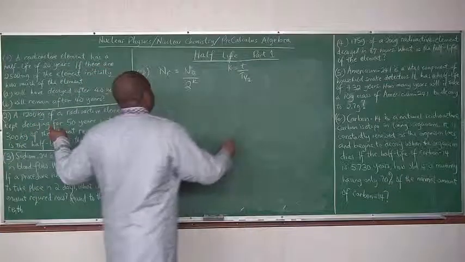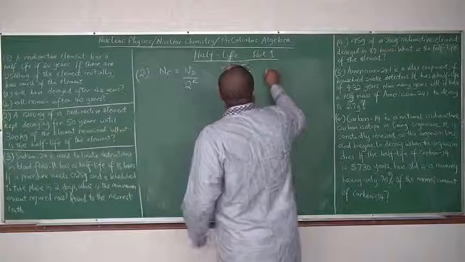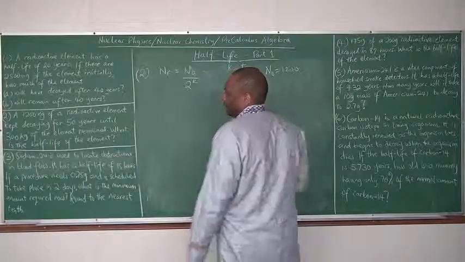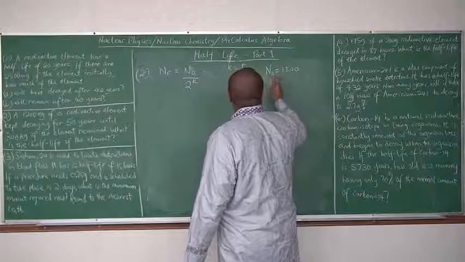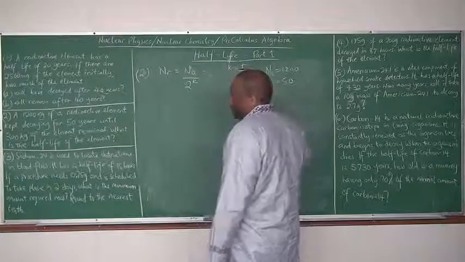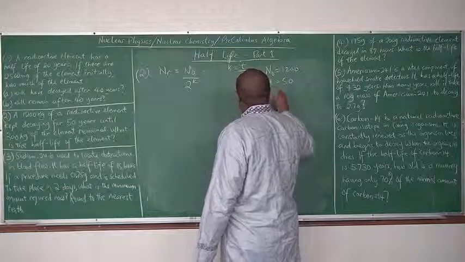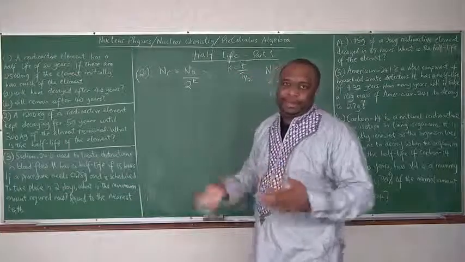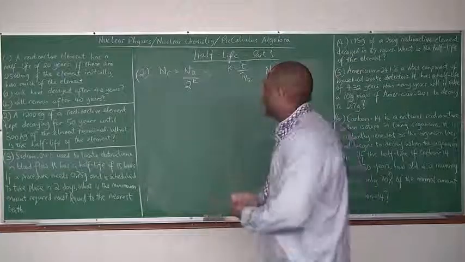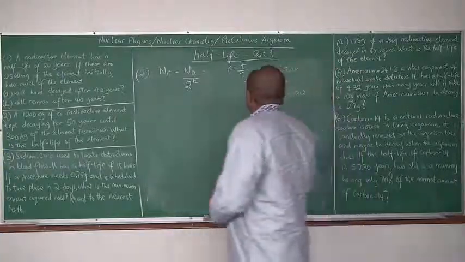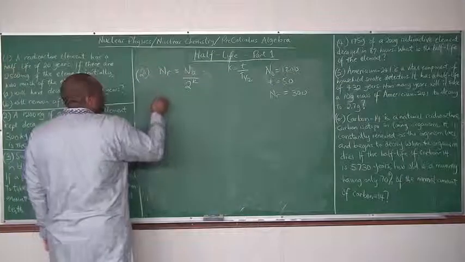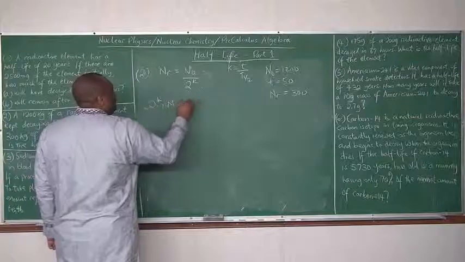Our N0 is 1200 kilogram. Our t is 50. Our Nt is 300 kilogram. I am doing varieties so that you will understand it. Let's go ahead and find K. This means that 2 to the power K times Nt is N0.